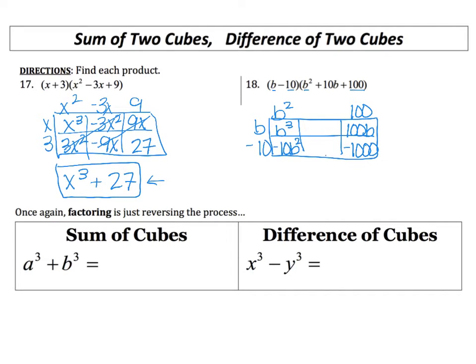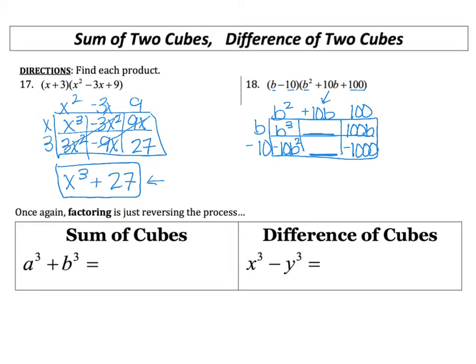If I need this box down here to be negative 100b, and this one here to be positive 10b squared, the only way for that to happen is if that middle term was positive 10b, right? Which is what it was here. But we can kind of work backwards like that to look at when is that going to happen.